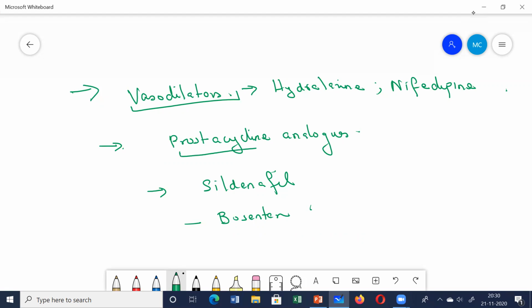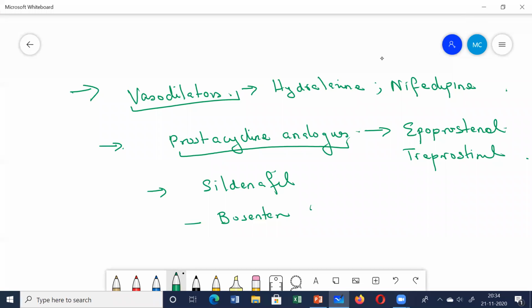They have not been studied thoroughly in Cor Pulmonale secondary to lung diseases. But prostacyclin analogs like epoprostenol and treprostinil are used in the treatment of pulmonary hypertension, though not much data is available on their efficacy.